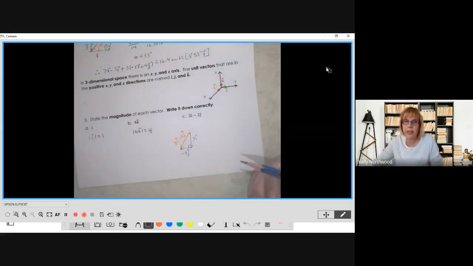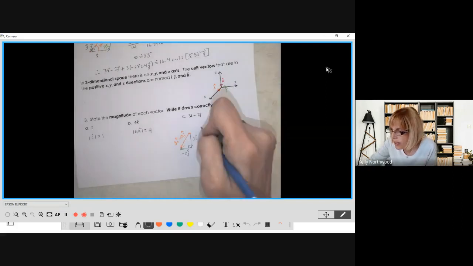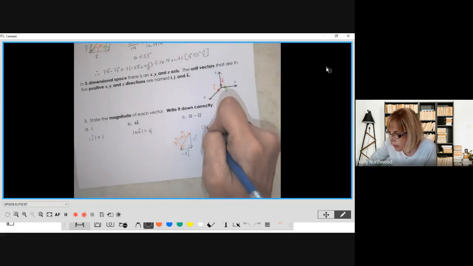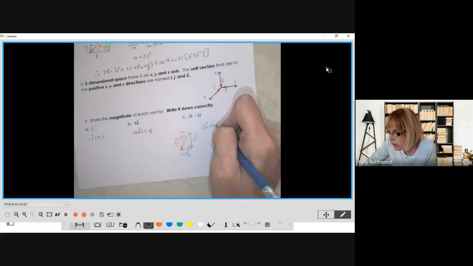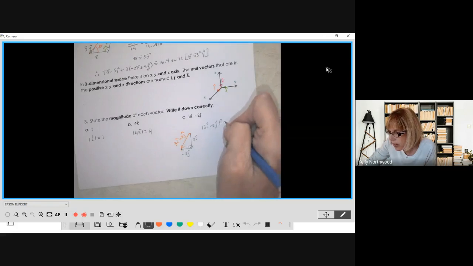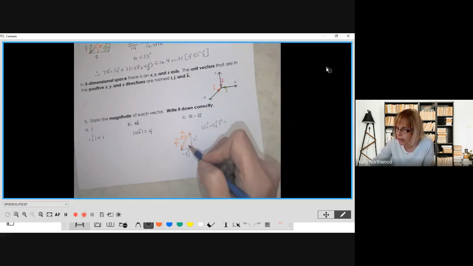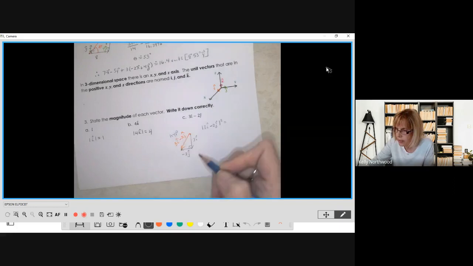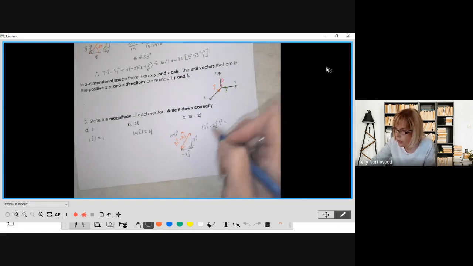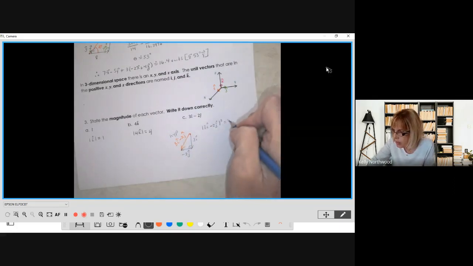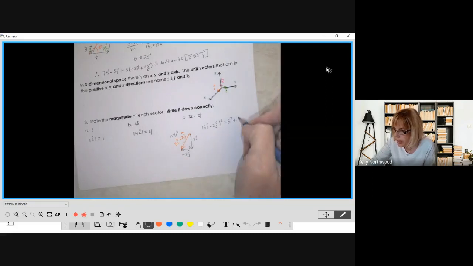And because it's a 90-degree triangle, we can just use the Pythagorean theorem. So we can say that the magnitude of 3i hat minus 2j hat squared, because that's the hypotenuse, is equal to the length of this side squared, so 3 squared, plus the length of this side squared, 2 squared.